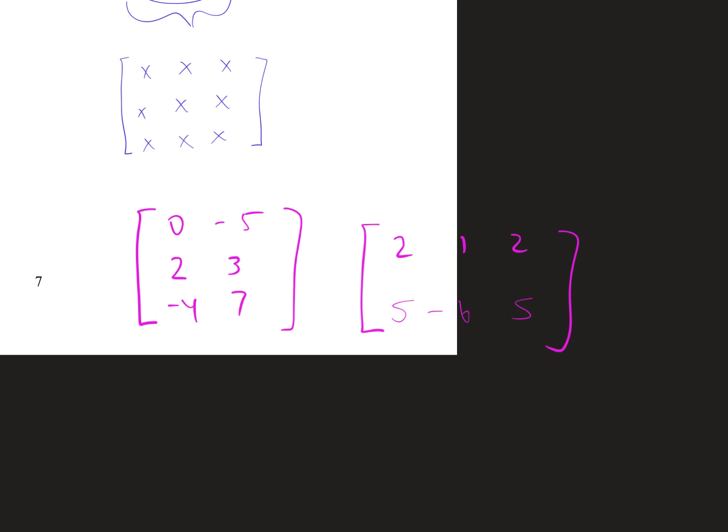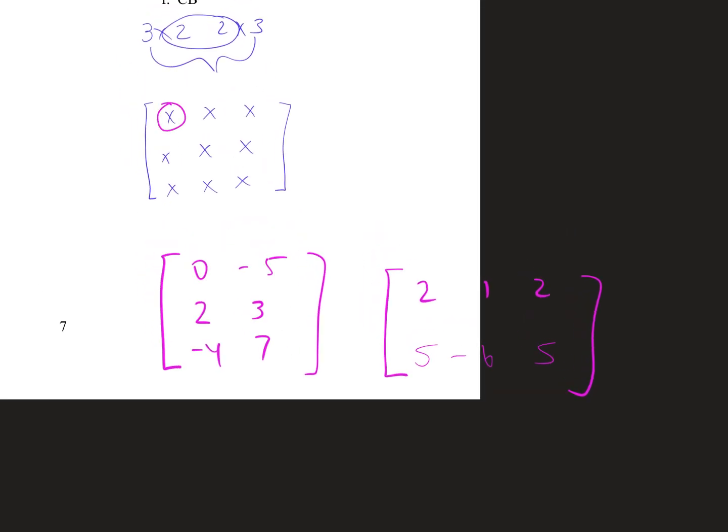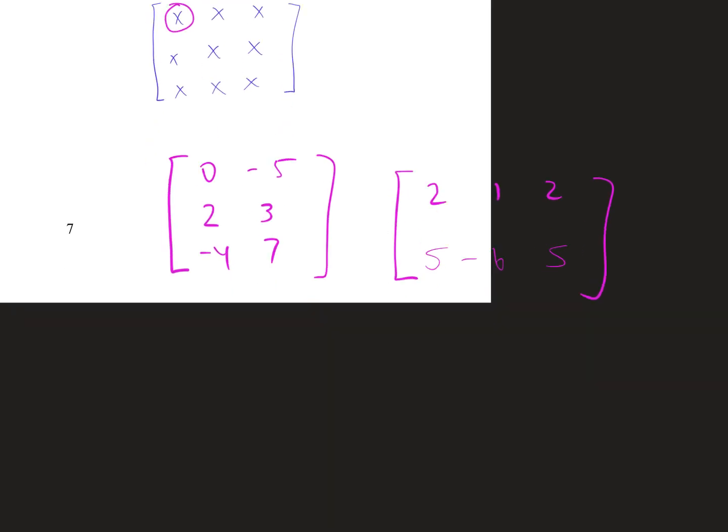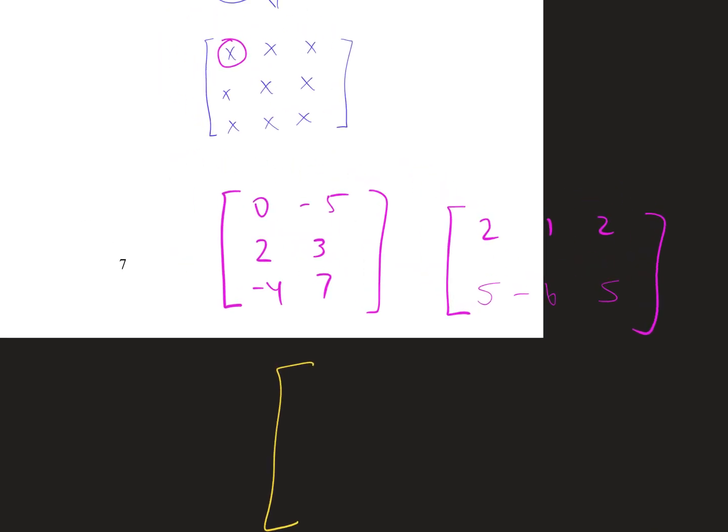So you're going to take first row, first column. So I'm going to find that piece right there. If I take the first row times the first column, 0 times 2 is 0, plus negative 5 times 5 is negative 25, right?